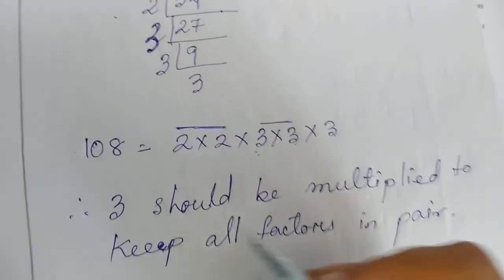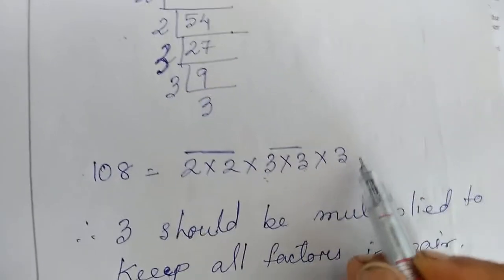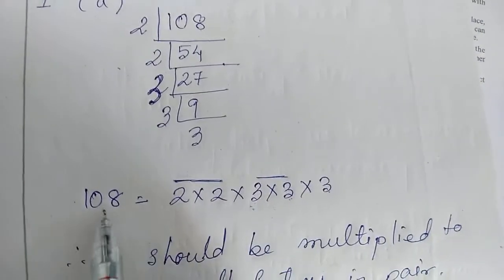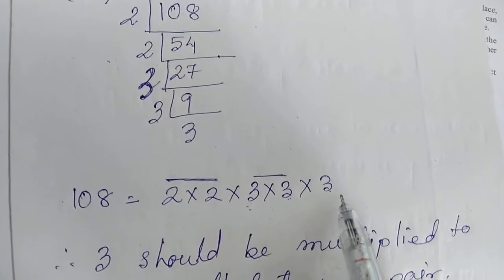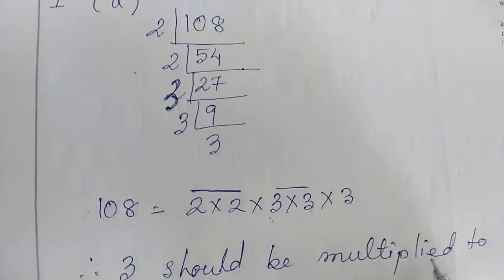So this is how we will solve. That means if you multiply this number by 3, then all the factors will be paired. So 3 is the answer. I think you can solve the others also.